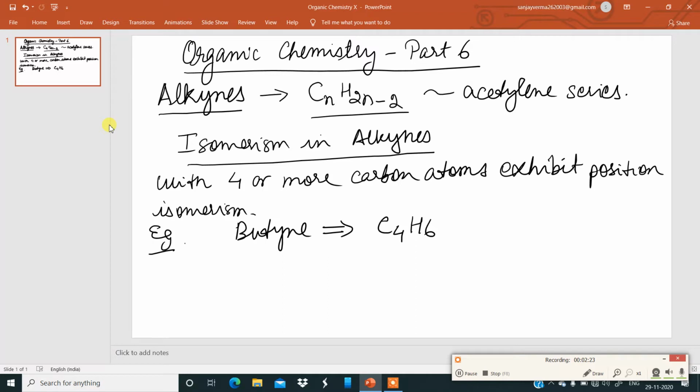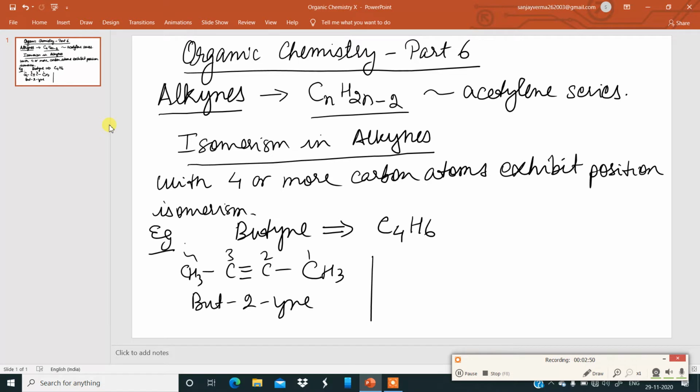So there are 4 carbon atoms, 1, 2, 3, and 4. Butyne, position isomerism. So I can put the triple bond here. This becomes CH3, this becomes CH3. This one is but-2-yne, if you number like this.